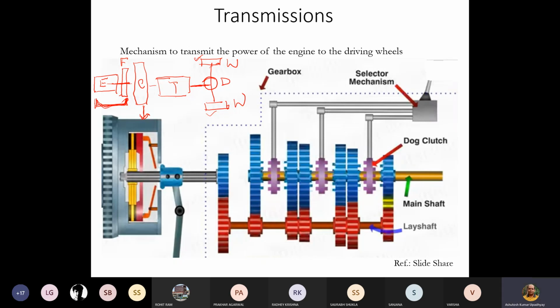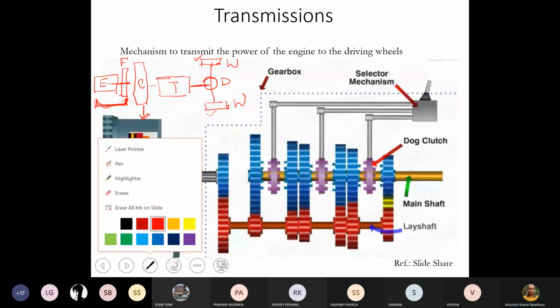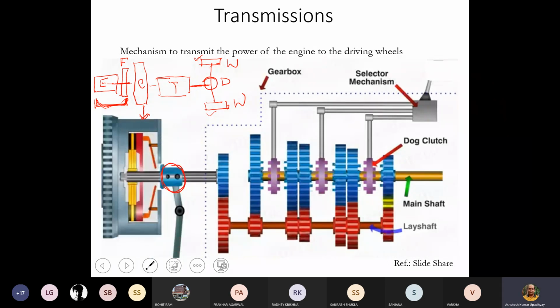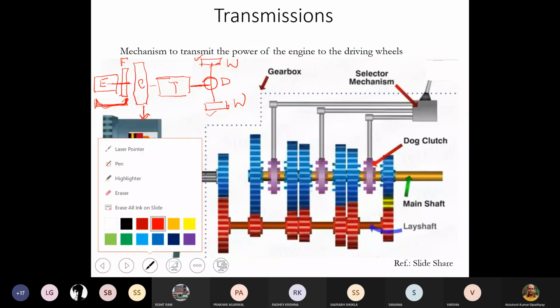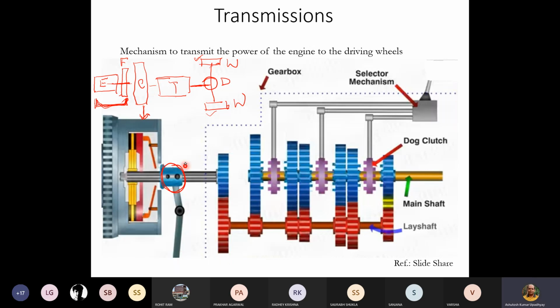So for that purpose we have got the clutch. Now you see here the clutch box is given here. We have got the clutch pedal, it is coming to this particular position. So this is our clutch shifter, actually the clutch pedal.